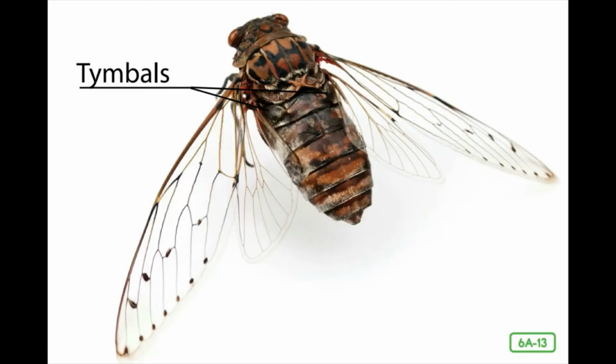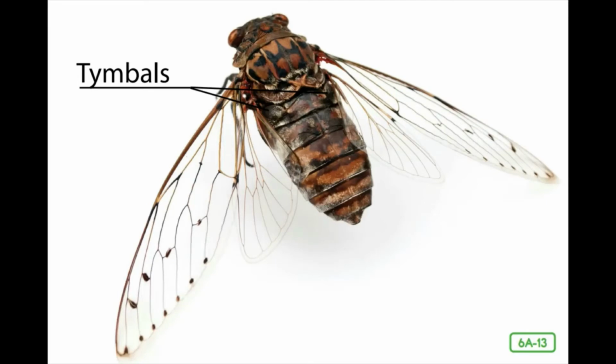On its underside, close to the thorax, a cicada has a pair of sound-producing organs called tymbals. These ribbed membranes are a little like the skin of a drum. The cicada uses its muscles to vibrate these drum-like organs. If they're vibrating, that means that they're moving back and forth really, really fast.